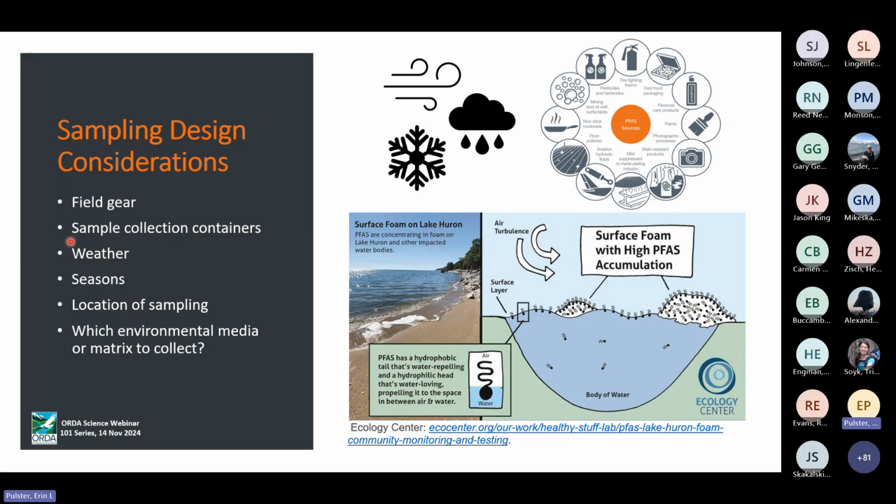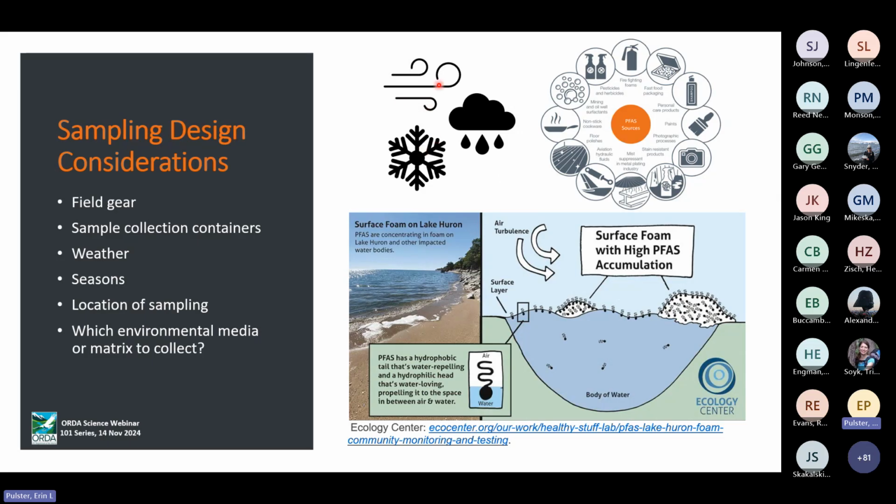The other things to consider when sampling are the weather and the seasons. Precipitation can be a source of PFAS, so do you go before or after a rain event or a snow event?